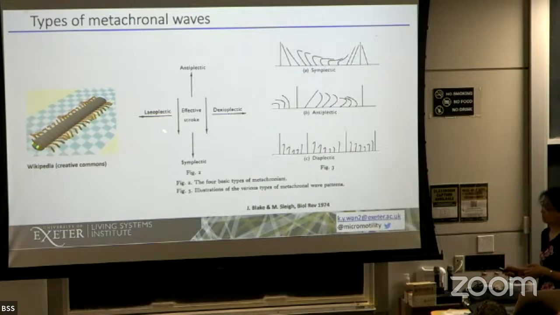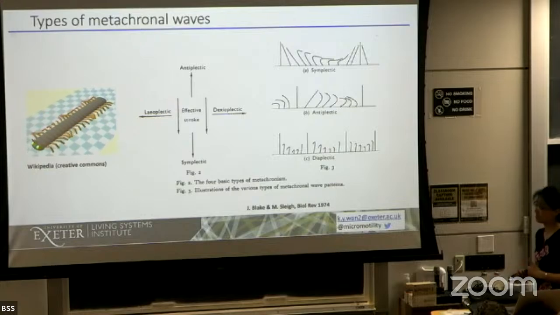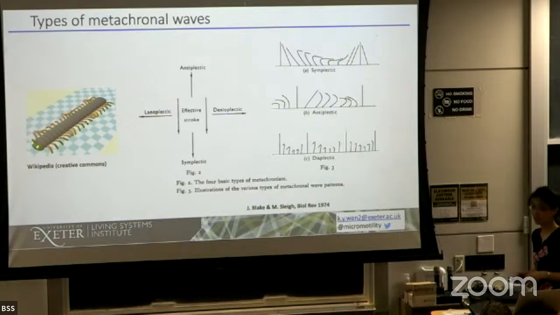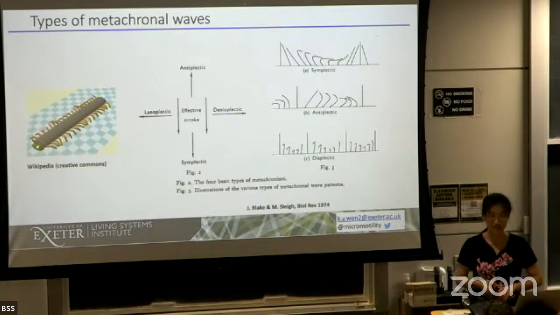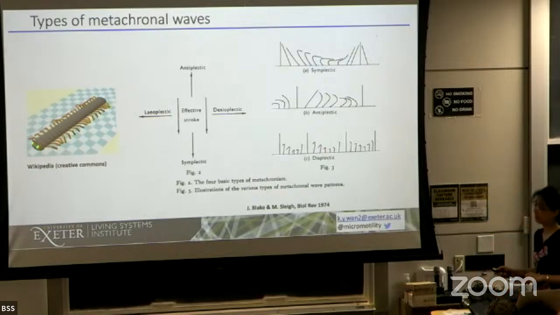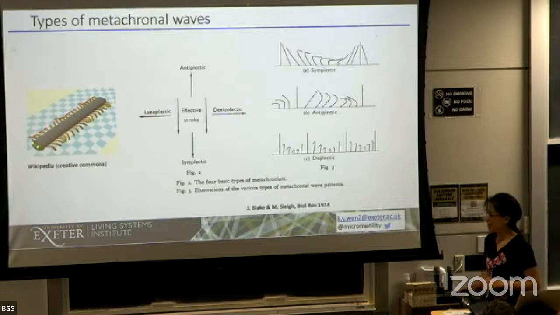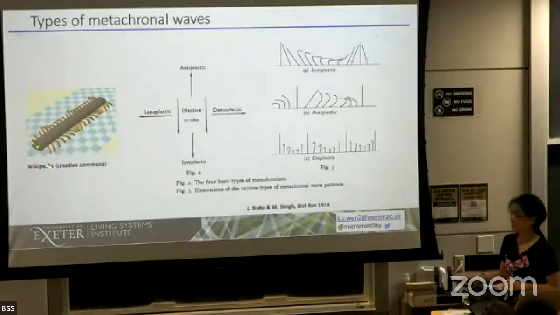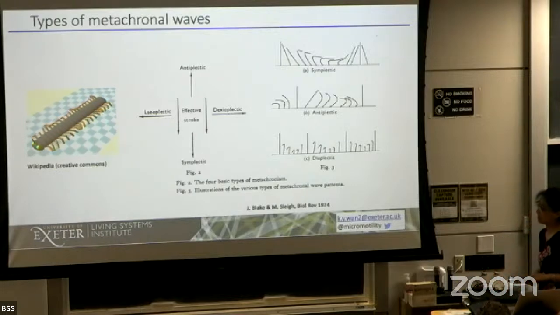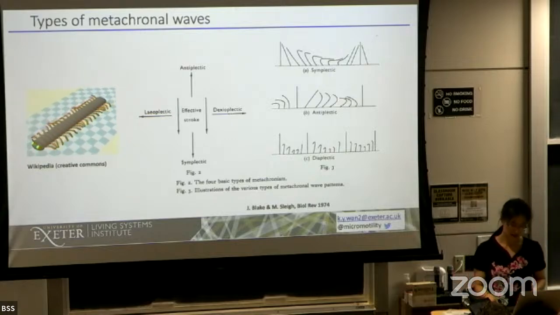And then, of course, you can have it to the side or at some angle relative to the stroke itself. Collectively, this class is known as a diaplectic metachronal wave, which can be either laeoplectic or dexioplectic. So there are many types of metachronal waves, and you find those in other animals as well. This is just a nice animation. And it's quite fascinating to study why there is so much diversity.